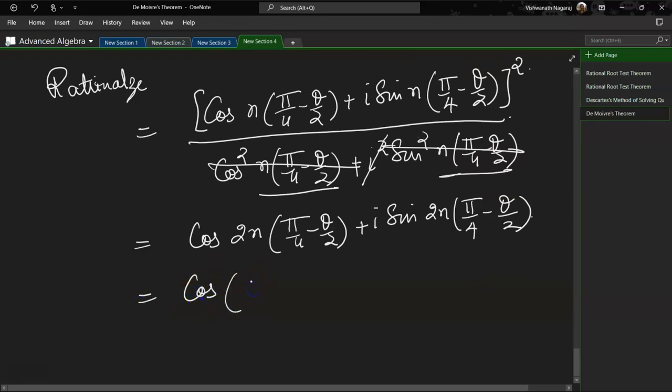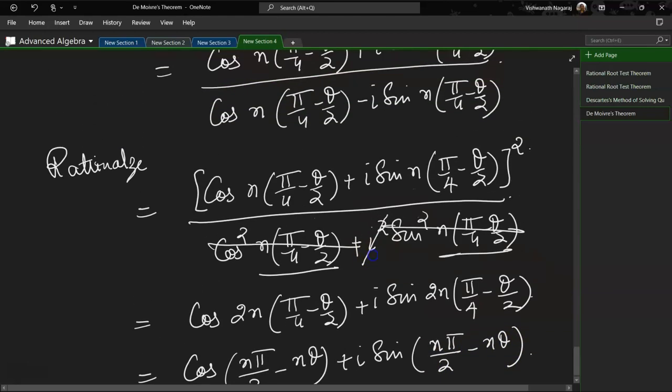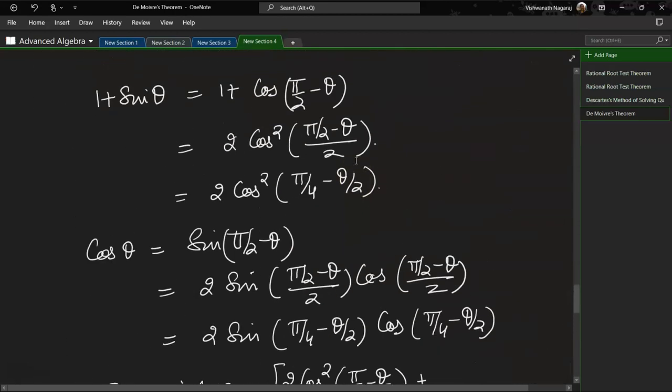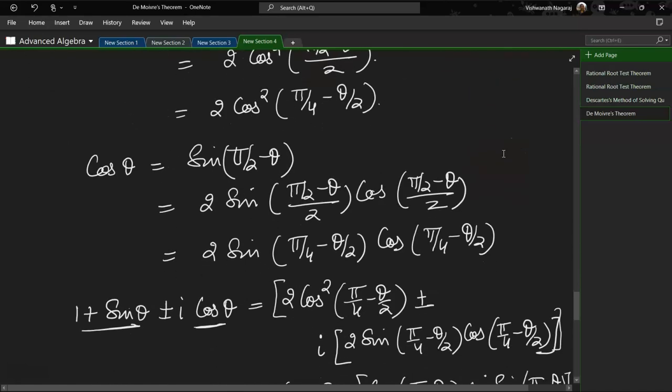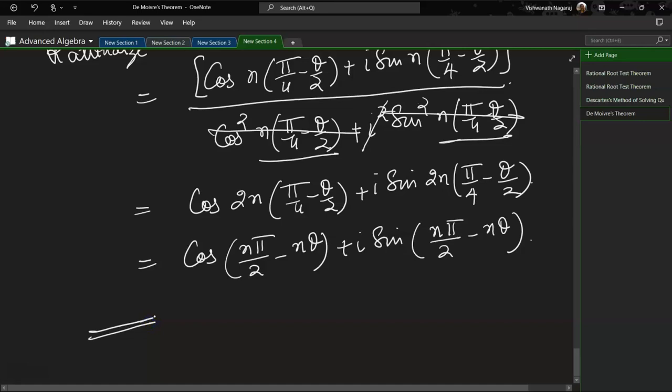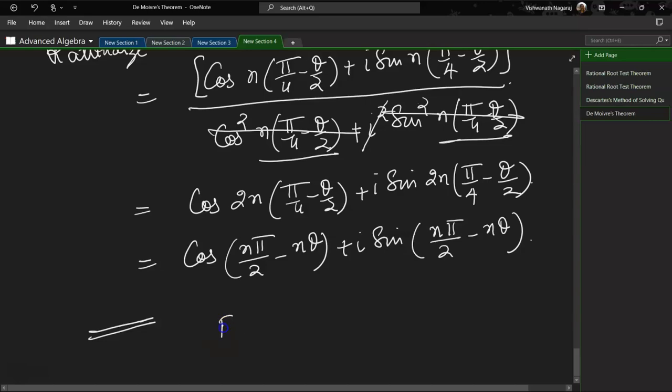So we end up with cos (n pi by 2 minus n theta) plus I sin (n pi by 2 minus n theta), which is exactly what we had to show: cos (n pi by 2 minus n theta) plus I sin (n pi by 2 minus n theta). That is the De Moivre's theorem. That's it. Bye.